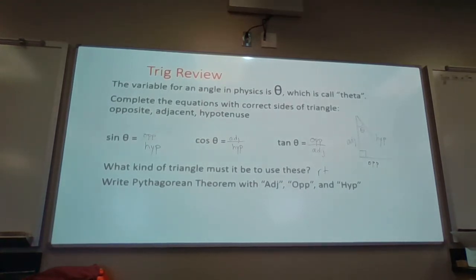Okay, so right triangles also, you can also use Pythagorean theorem. So using the labels adjacent and opposite and hypotenuse, write Pythagorean theorem with those rather than a squared plus b squared equals c squared. You can just do it in your mind if you want.